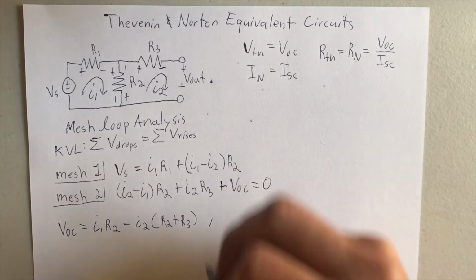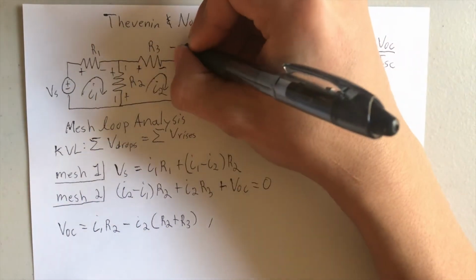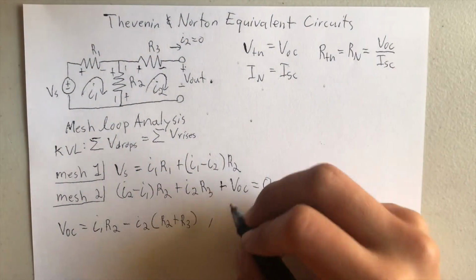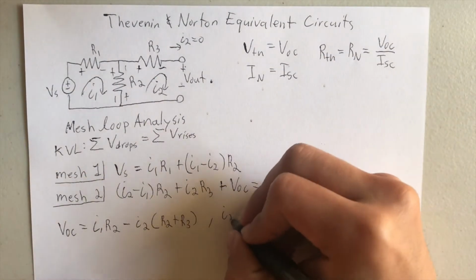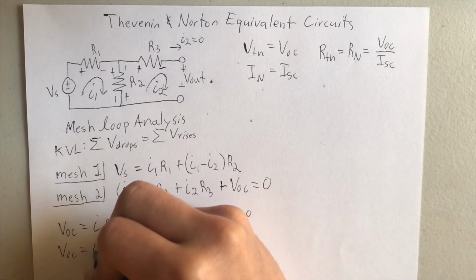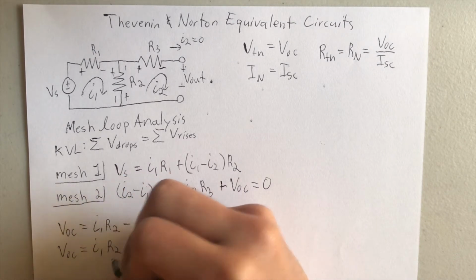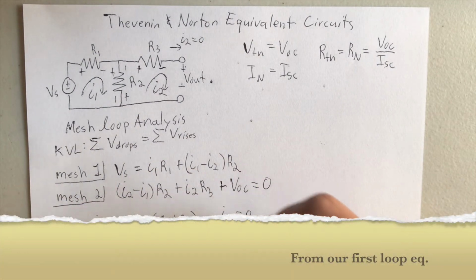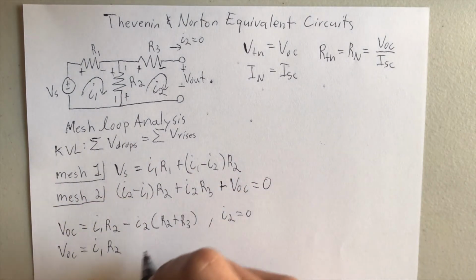We know that since this is an open circuit, there's no current going out in this direction, so V open circuit is simply equal to I1 R2. And from our second loop equation, we want to find what I1 equals.